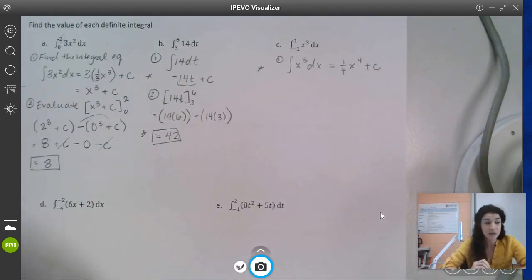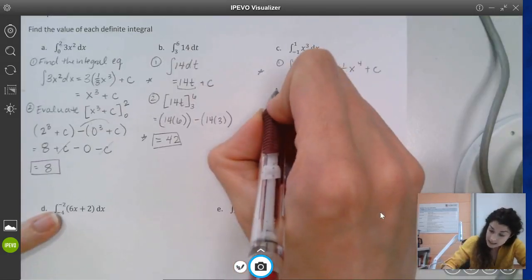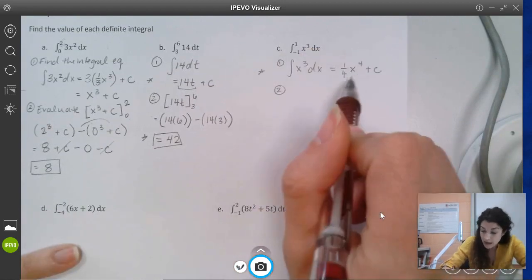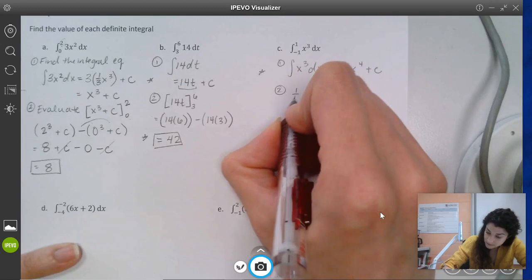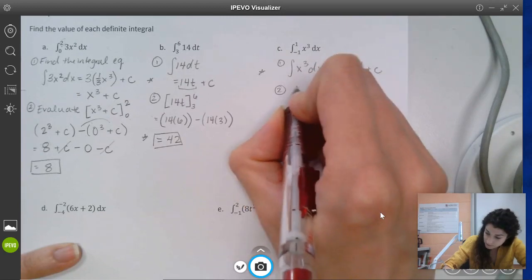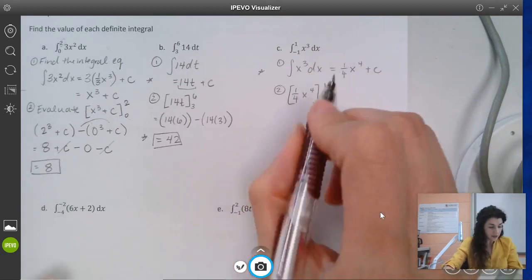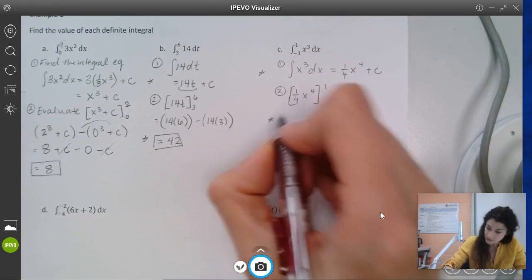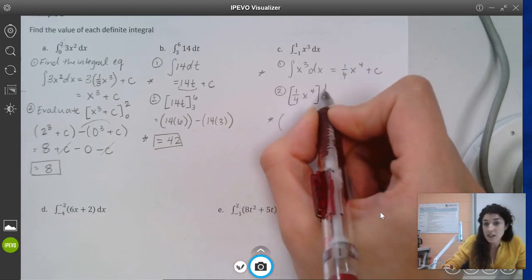We're going to continue with plus c just because it is important to remember it. Okay, so then our next step is to evaluate this guy from -1 to 1. Which I think you can do on your own. Remember that we plug in this top value first.